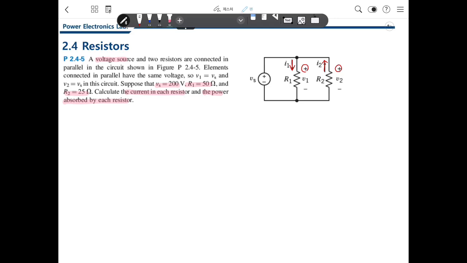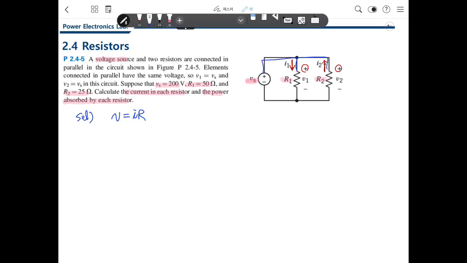So at first, to know about the current, we use Ohm's law. V is IR. At first we need to check that R1 and R2 are connected to the voltage source directly. There is nothing in between.